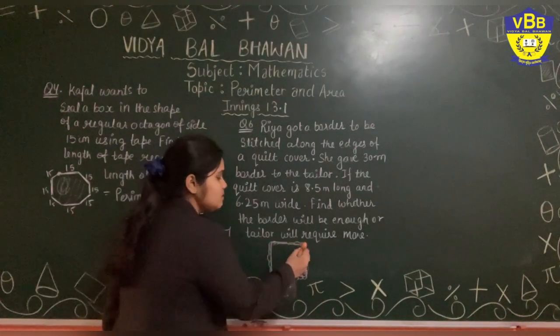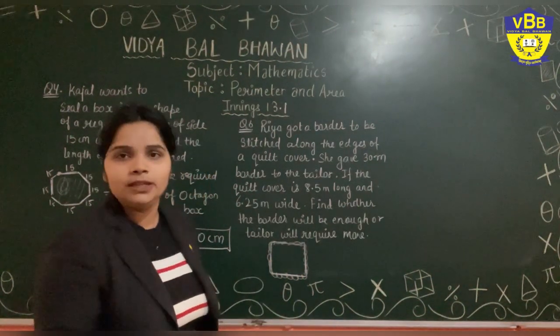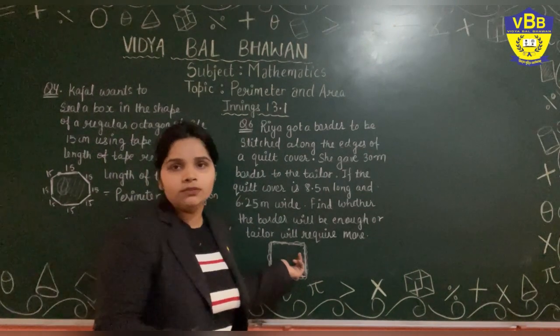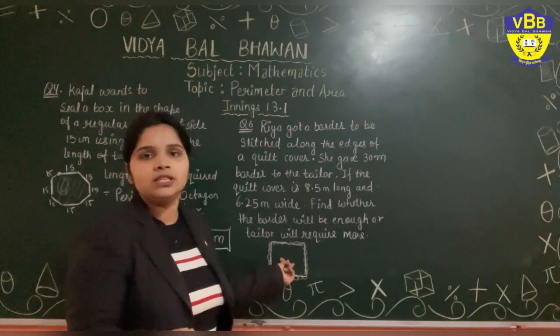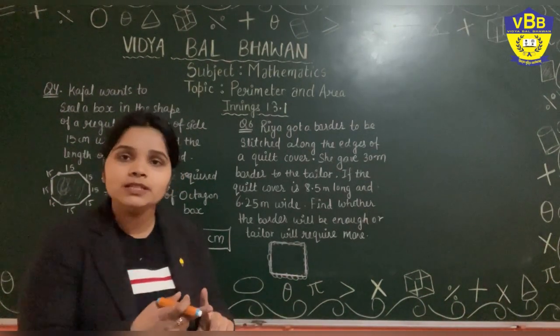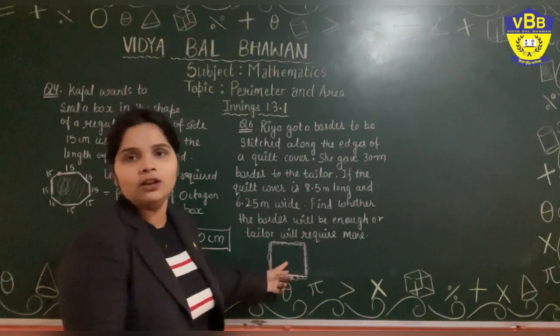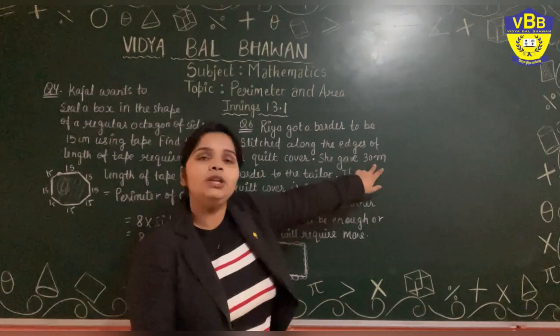I can calculate this with the help of the perimeter. When I get the perimeter of this quilt cover, I can compare. Suppose the perimeter of this quilt cover is 31 meter. That means I will require 31 meter border to be stitched alongside the boundary. And how much have I purchased? I have purchased only 30 meter.